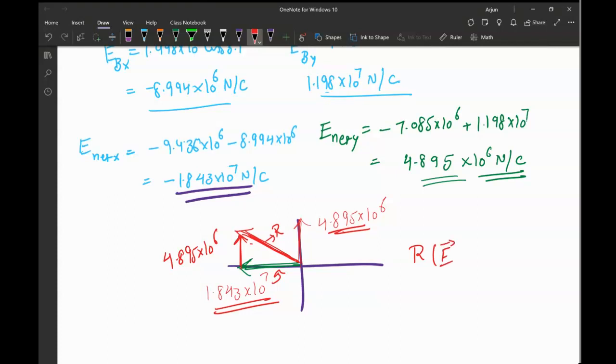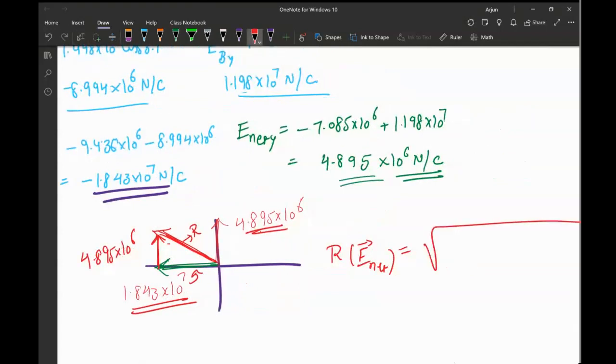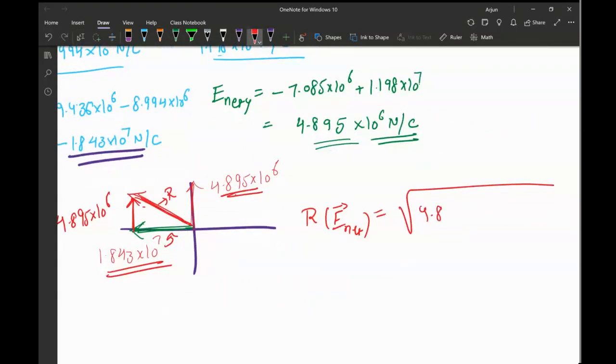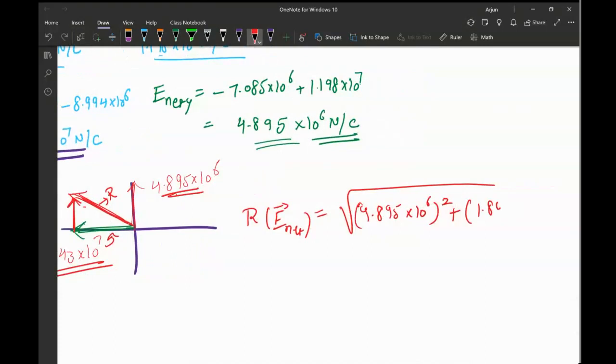E net will be equal to the square root of 4.895 times 10 raised to the power 6 squared plus 1.843 times 10 raised to the power 7 squared. Then you're going to get the final resultant from here. That's going to come across as 1.91 times 10 raised to the power 7 Newton per Coulomb.